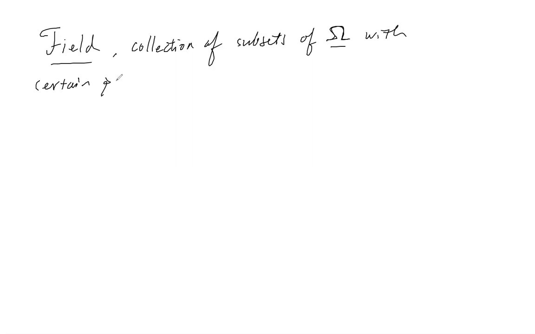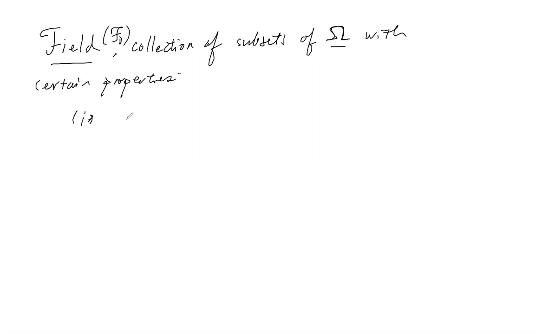Okay, so basically it's just a collection of subsets of omega, some sets that are of interest, with certain properties. So what are the properties? Let's say this is your field.